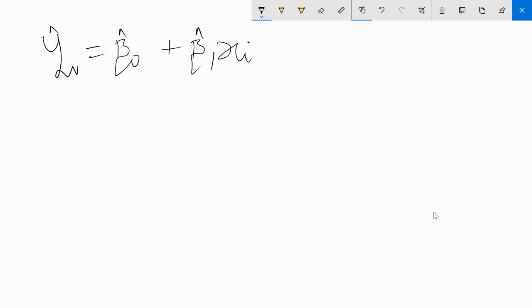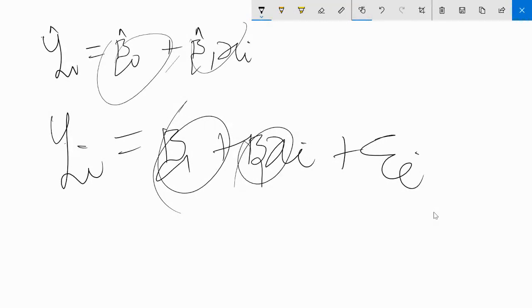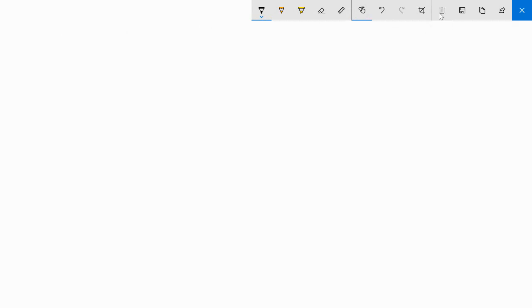It's yi hat, which is equal to beta 0 hat plus beta 1 hat xi. We are estimating the parameters, and that's what we are having. So the xi is still like that. So we have the estimated model.